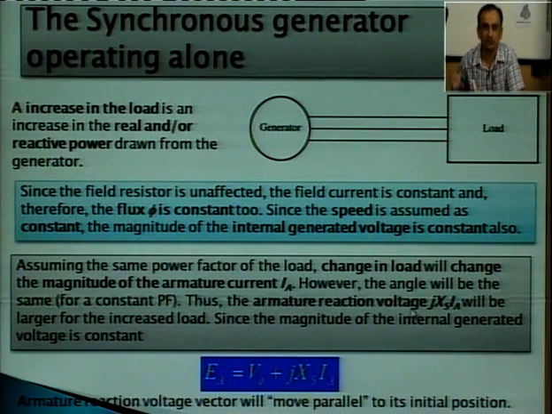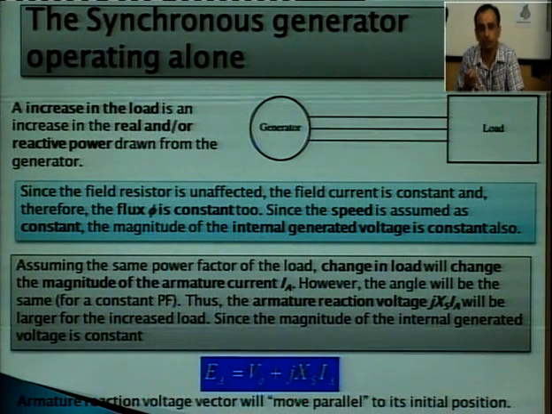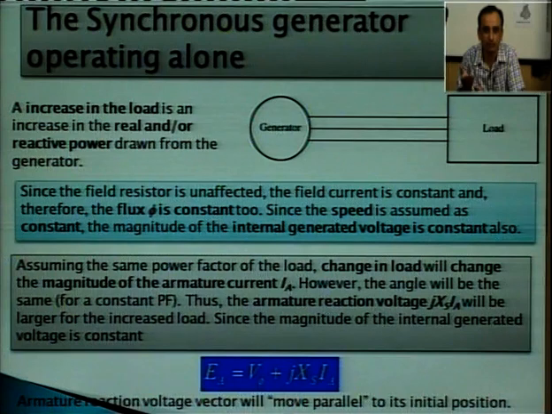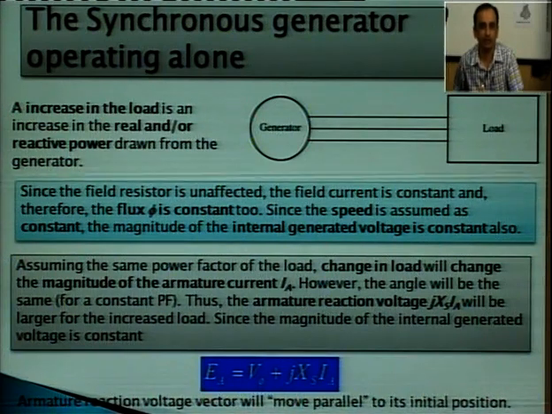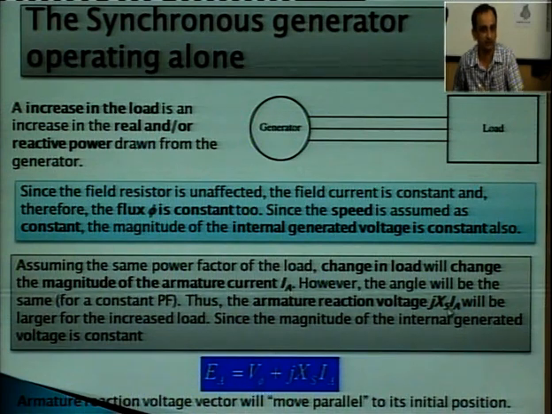But the change in the load, let us suppose we are using 2 fans, then we use 4 fans. So, the change in load will change the magnitude of the armature current, because if we use 2 fans, obviously they draw a particular amount of current. If you use 4, they draw slightly more current. So, current will again affect the armature reaction voltage that is given by jXs IA.